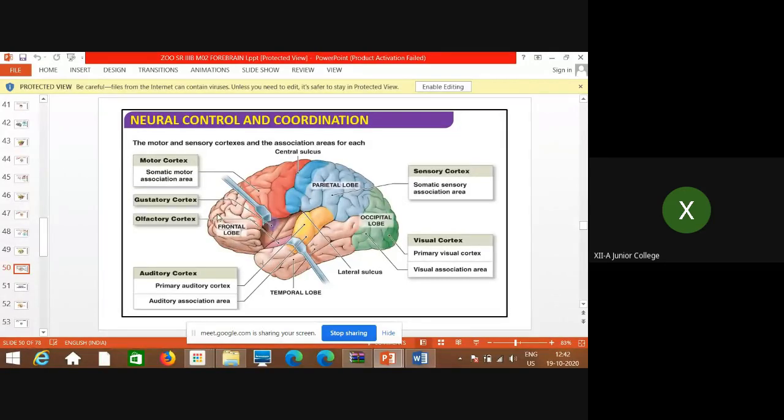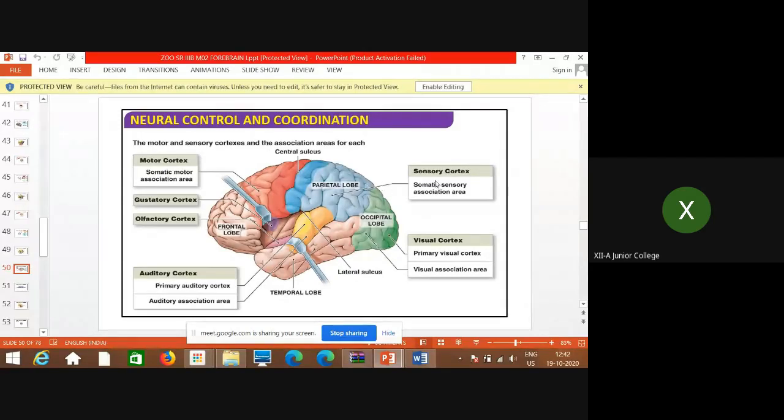Frontal lobe, where this is the associated area, the somatic motor association area, is present in the frontal lobe. Then here is the gustatory cortex and olfactory cortex. Then this is the central sulcus, parietal lobe, associated with the association area as well as sensory cortex, as we discussed just now.